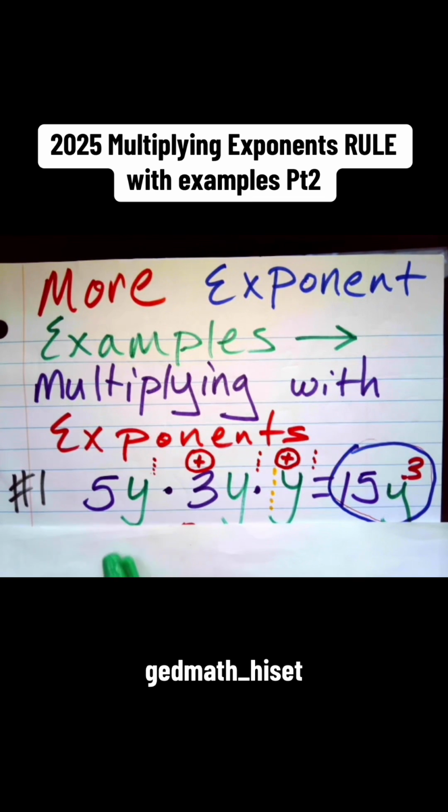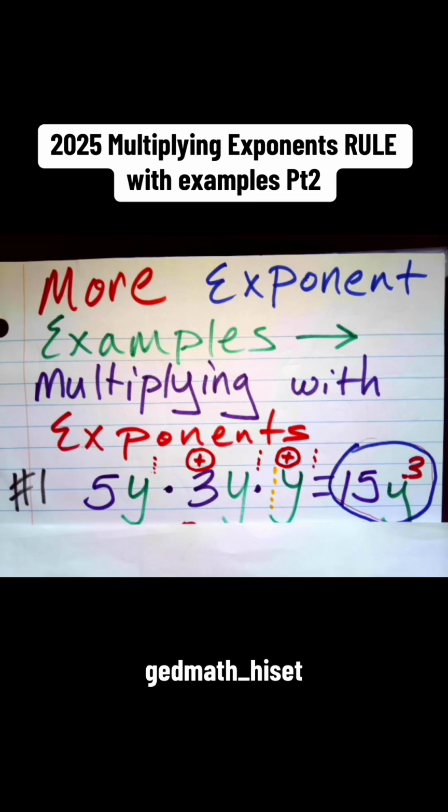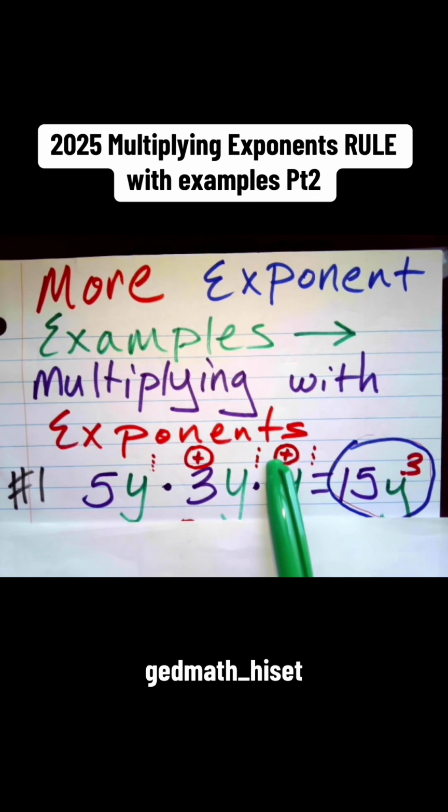So we have a problem here, 5y times 3y times y. If you remember from previous videos, when you multiply with exponents, the rule is you add the exponents. Showing these invisible ones, there's an invisible one in front of the y, and then there's an invisible one in each of these exponential placeholders.